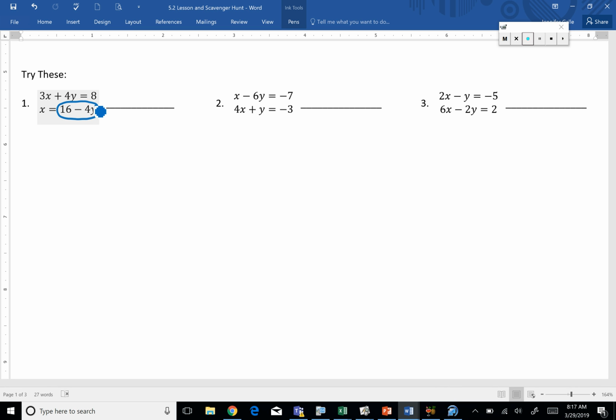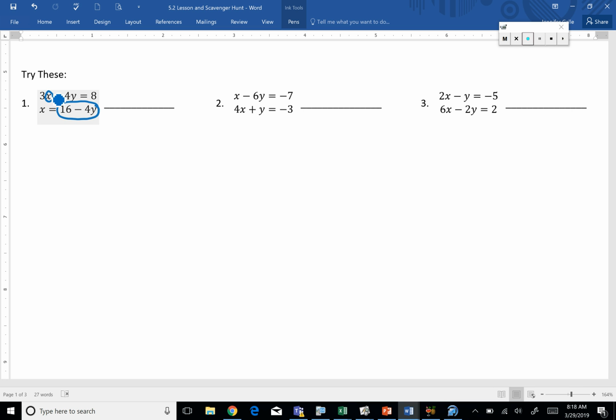So step 2 says circle everything after the equal sign. That's going to be our blob. Substitute the blob into the other equation for the variable it equals. That's the part I need to stress to you. It equals x. So I need to put the blob in for the x. And I need to take the whole blob.